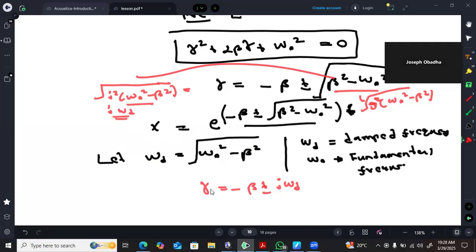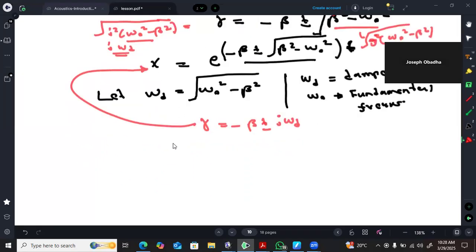So you can say gamma is equal to minus beta plus or minus j omega d. So that if I do the substitution here, then the expression will be a bit simpler. So I will have x equal to A e to the power of minus beta plus or minus j omega d, times t.